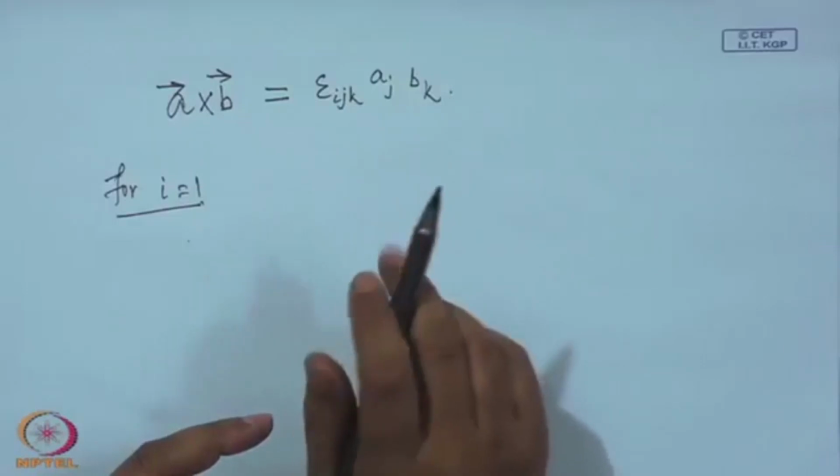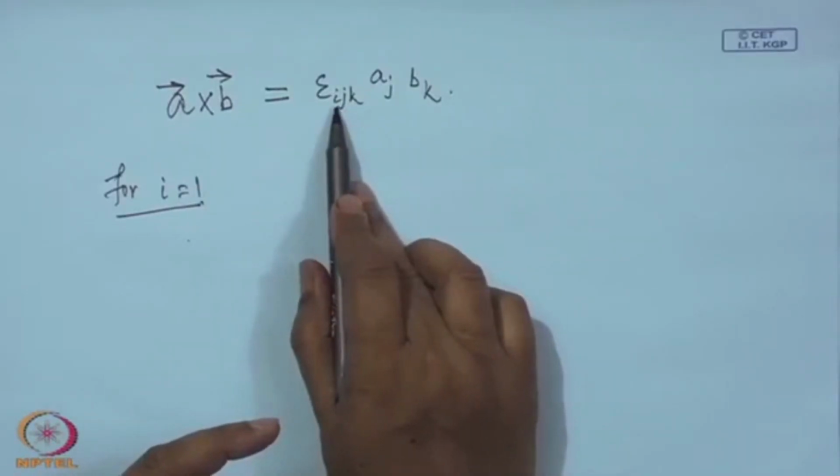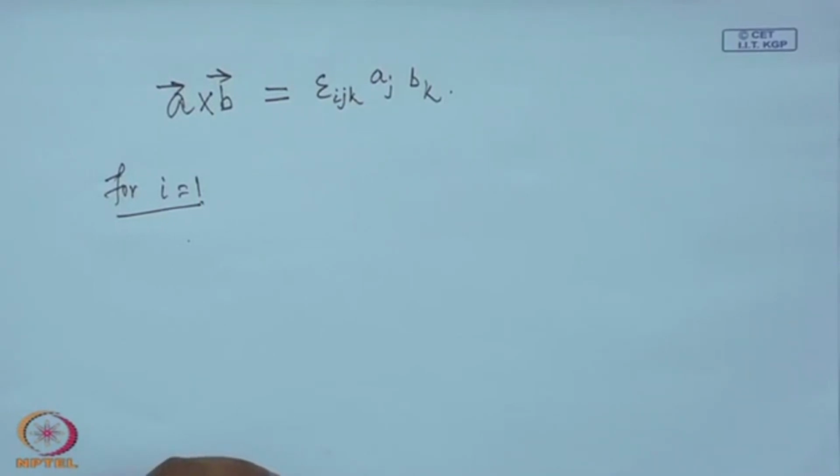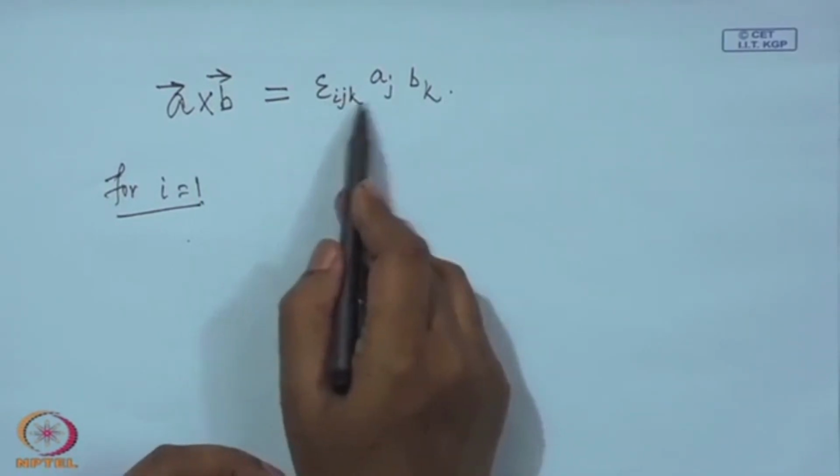So, these are the two possible non-zero cases. j equal to 2, k equal to 3, which makes A 2 B 3, and in that case epsilon 1 2 3 is cyclic, so that is positive.